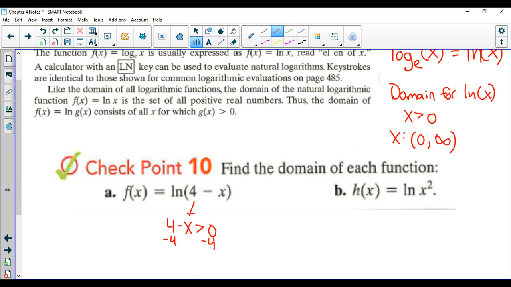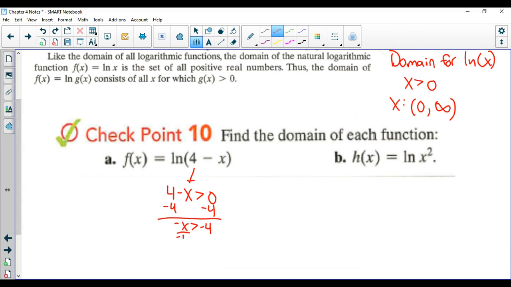Here I usually subtract 4, negative x is greater than negative 4, and then we divide by negative 1. Remember, when we divide by a negative, we have to change our sign. So x is less than 4 would be an appropriate answer. We do want to write it in inequality form, so we write the highest it has to be is 4. And so anything from negative infinity to 4, but not equal to 4, would be our domain for letter A.